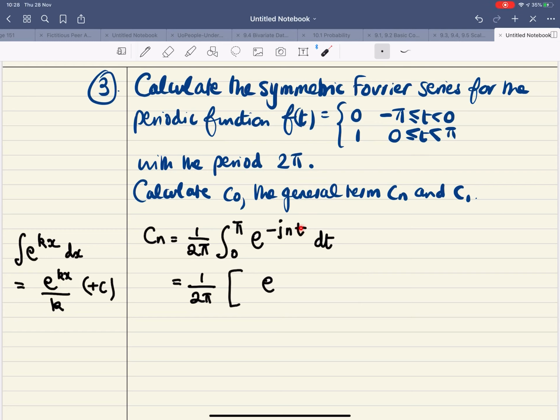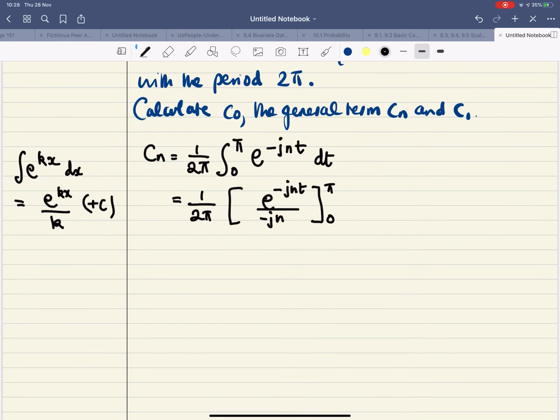So here, because it's t, it's everything apart from the t. So it's e to the minus j n t divided by minus j n. Okay, and this is the integral from 0 to pi. So we've got to substitute t is pi and t is 0, and do the pi answer, take away the 0 answer.